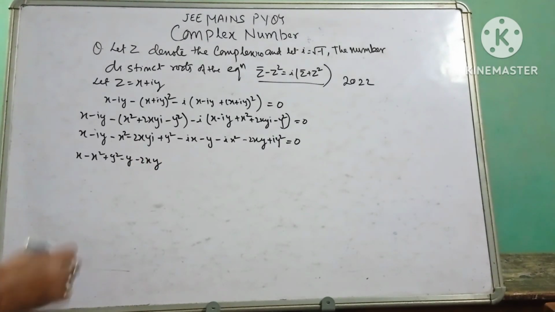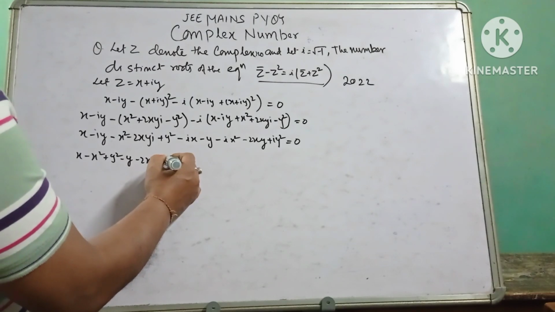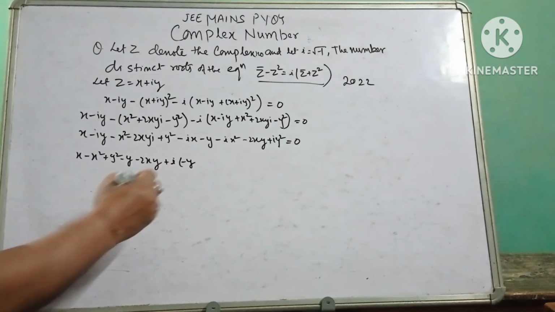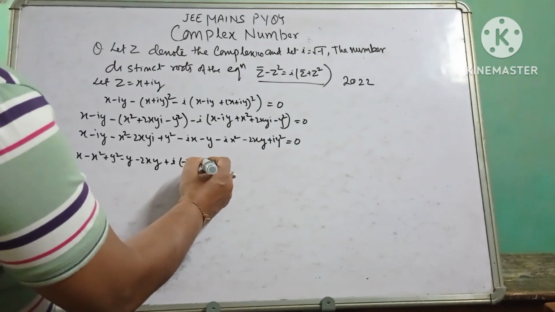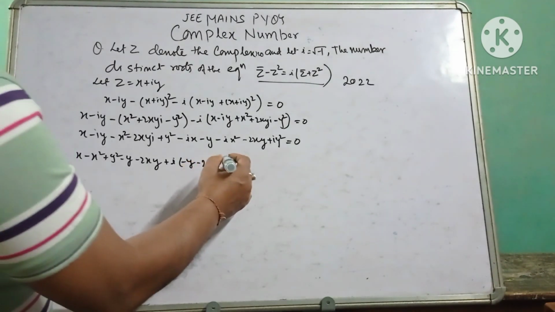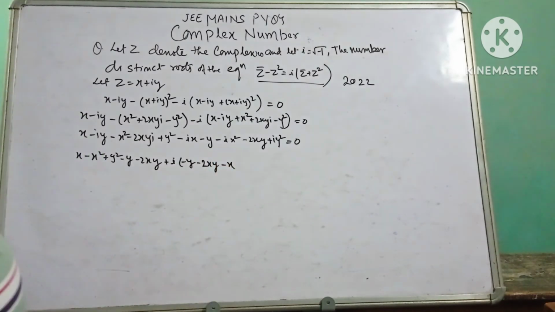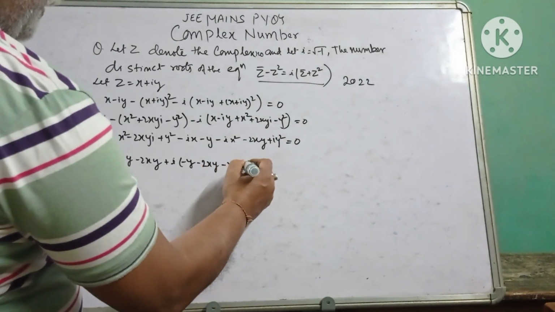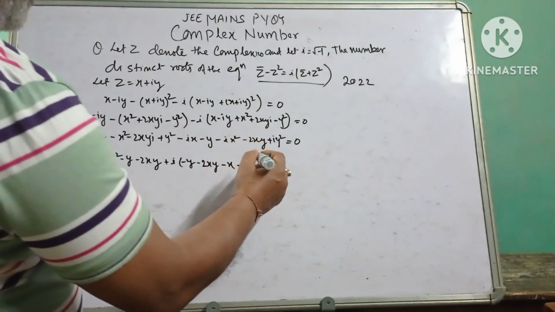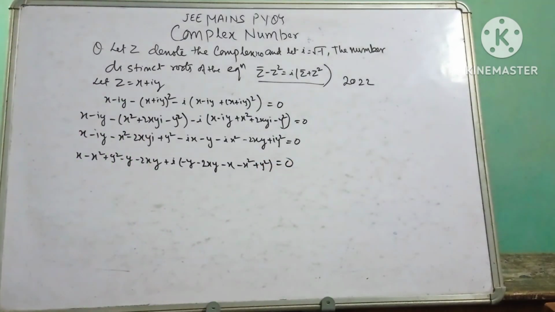These are the real part, and your imaginary part is plus i times minus y minus 2xy, again minus x square and plus y square, equal to 0.